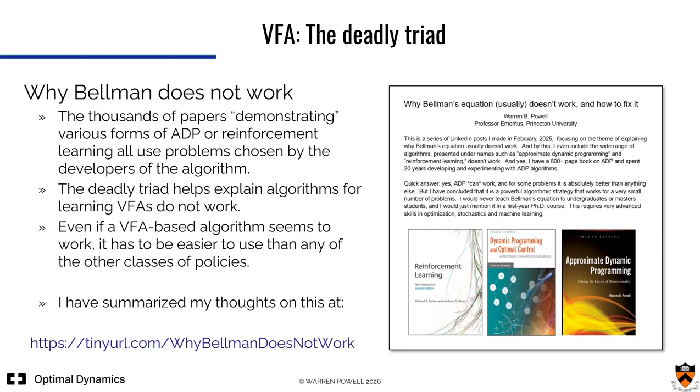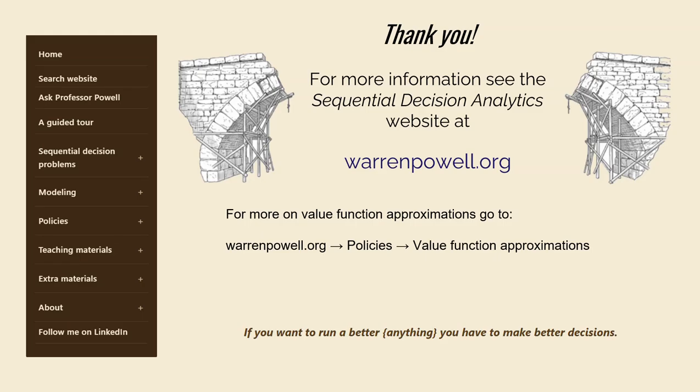For these classes of problems, it has been very useful and better than anything else. But this is a tiny class of problems. And it's one of the reasons why everybody makes sequential decisions over time who have never even heard of Bellman. So for more on this, again, go to the SDA website at Policies and Value Function Approximations.